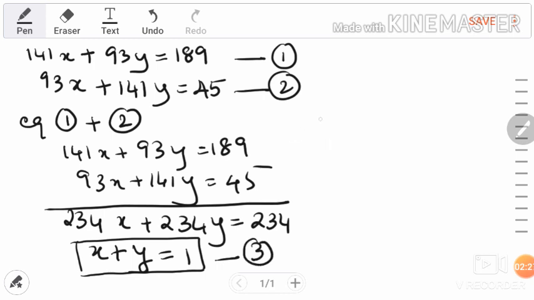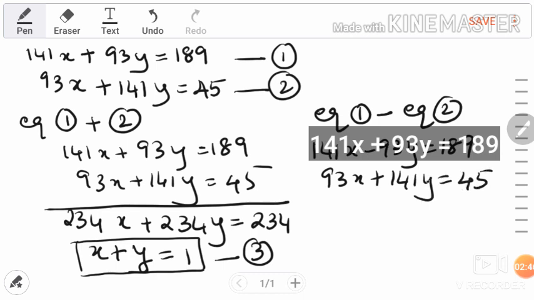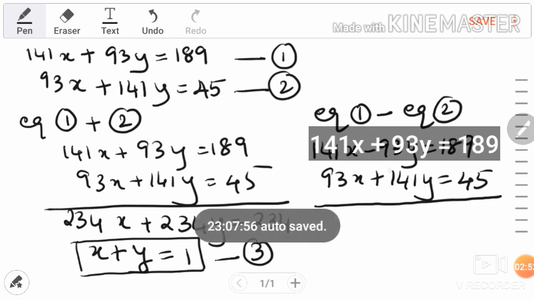Now subtract both equations. So rewriting the equations, when we subtract, we change the sign of the terms of the second equation.